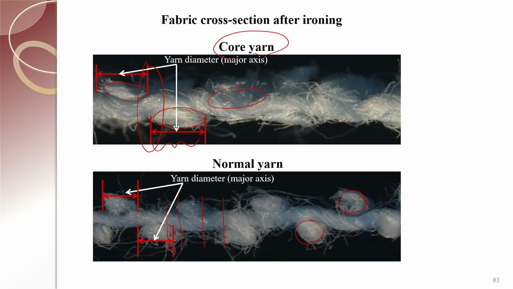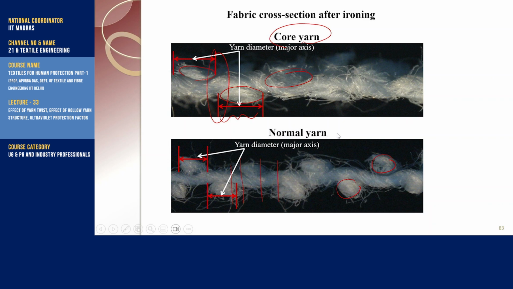Here, due to the hollowness, the flattening and effective diameter was high. So, that actually helped in perfect blocking of the pores, keeping the ideal density of the fabric constant.